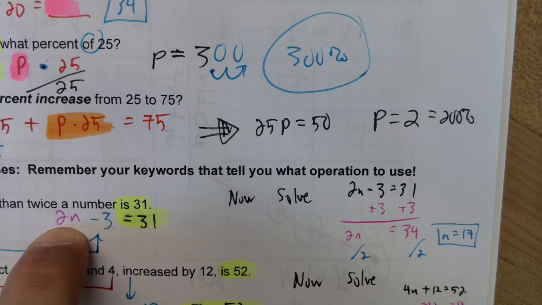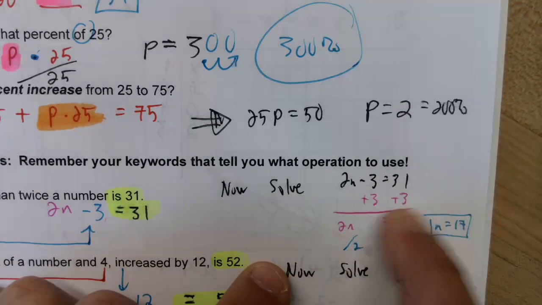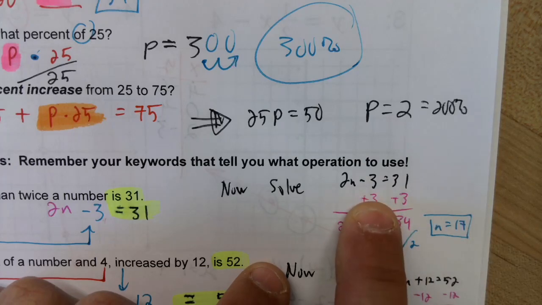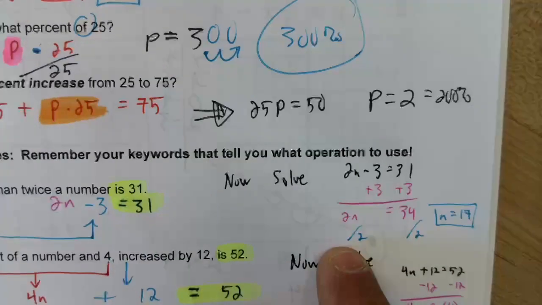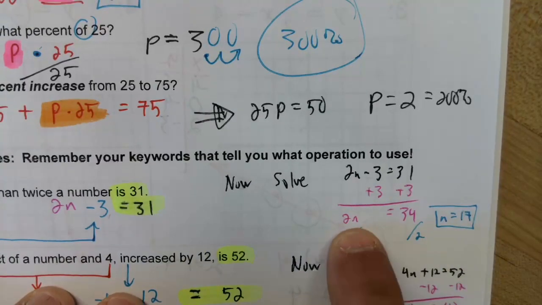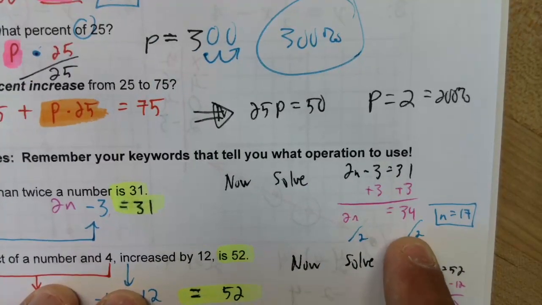There's that word again. Okay, so here's my order of steps. Adding or subtracting, we get 34. And then if 2n equals 34, you can think intuitively, double a number is 34, half of 34 has to be 17. Looking at it a different way, the opposite of multiplication is division. So that's what I wrote here.